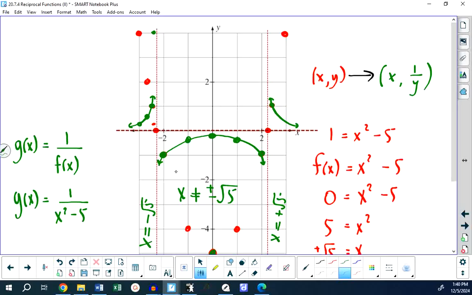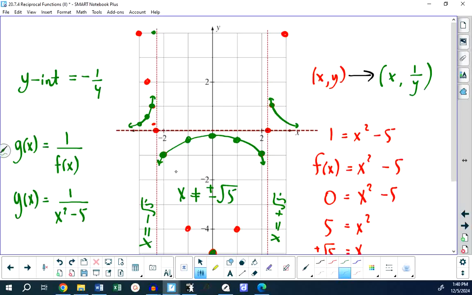Now comes the most challenging part. Well, not challenging, thought-provoking. What is the range of this function? Sukman?